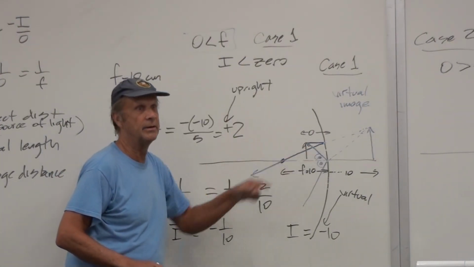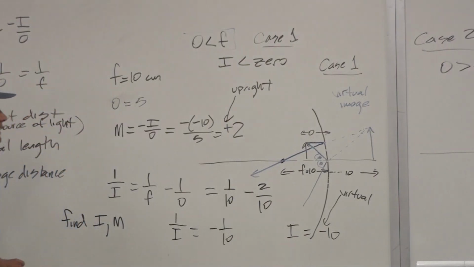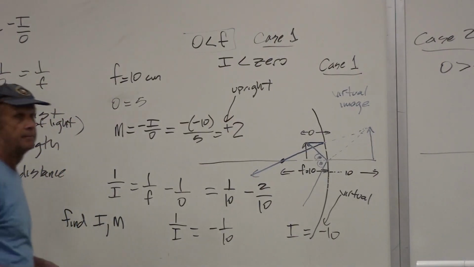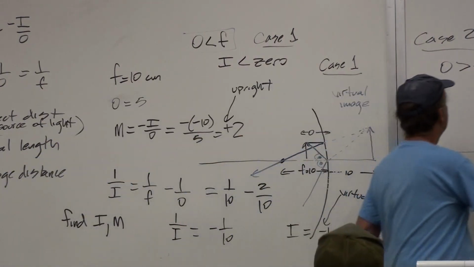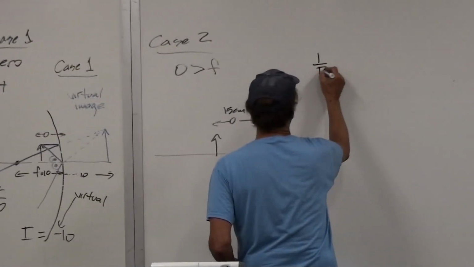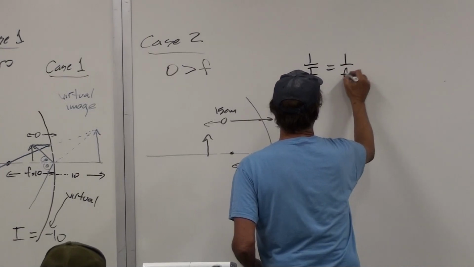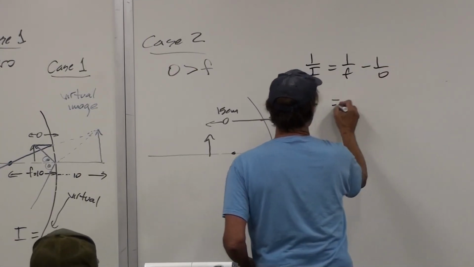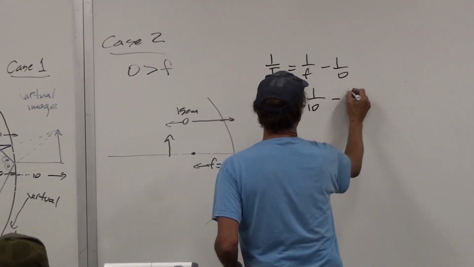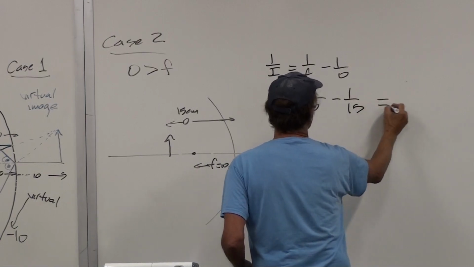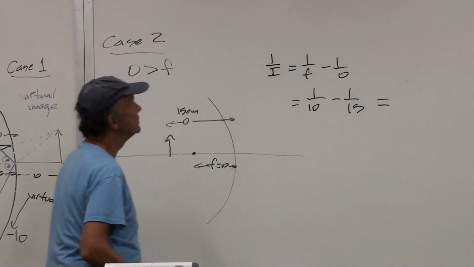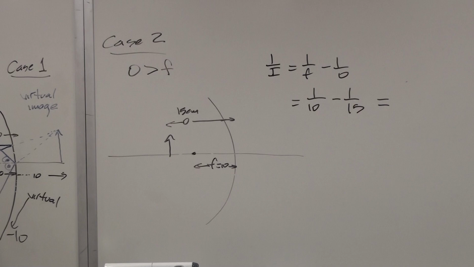And so then you would be able to verify that that, in fact, corresponds to an image that could be projected onto a screen. Okay, so here we've got 1 over I equals 1 over F minus 1 over O, 1 over 10 minus 1 over 15. Again, I've chosen numbers where it's relatively easy to find a lowest common denominator.